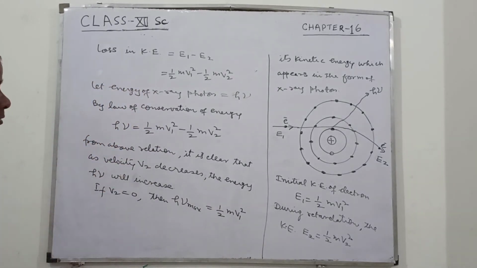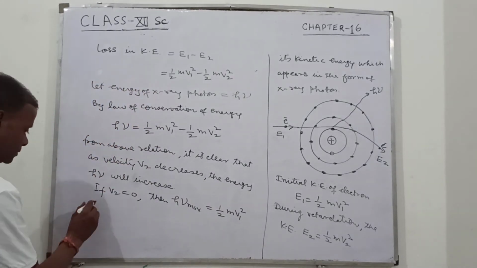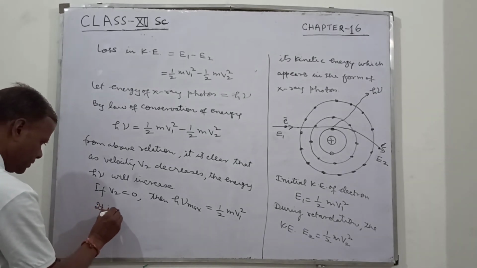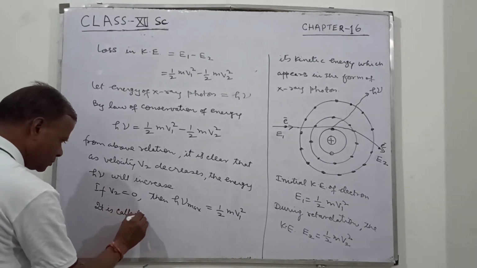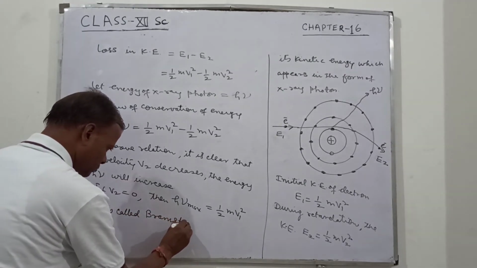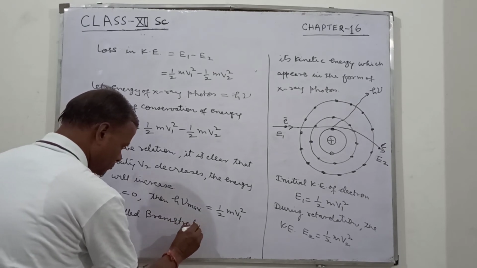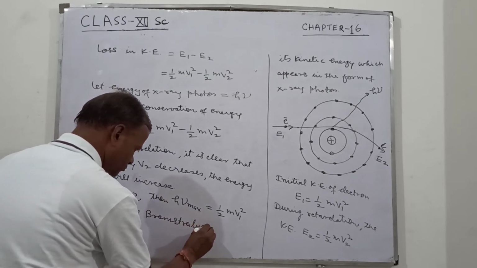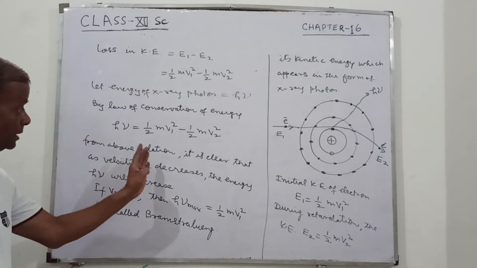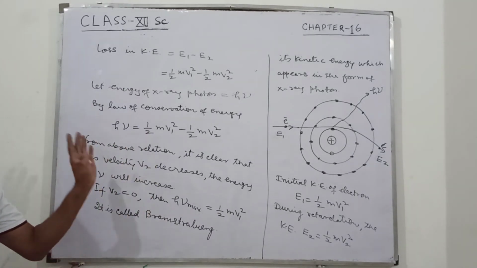This phenomenon is called Bremsstrahlung. So the electron continuously loses energy.